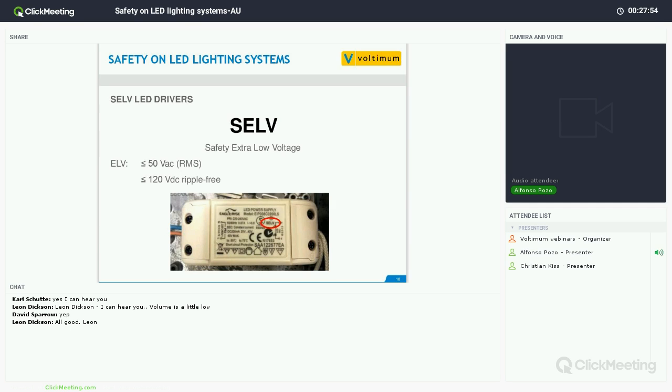ELV, according to Australian New Zealand standard 60598, means the voltage which does not exceed 50 volts AC or 120 volts DC ripple free between conductors or between any conductor and earth.